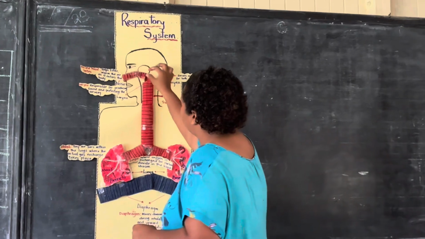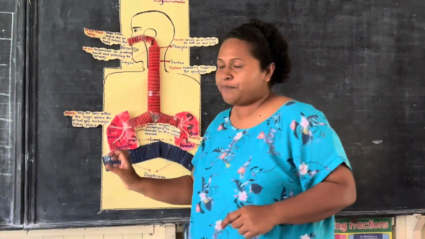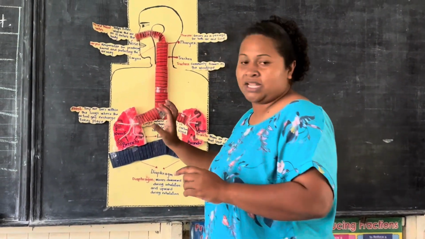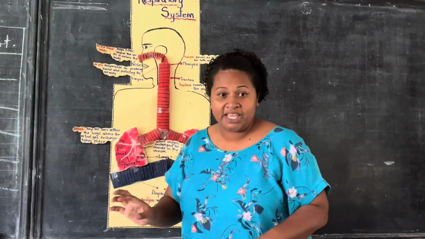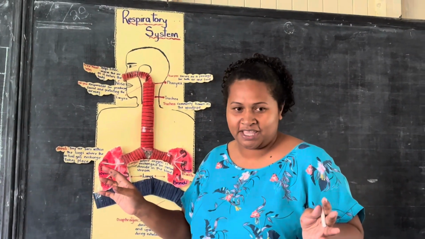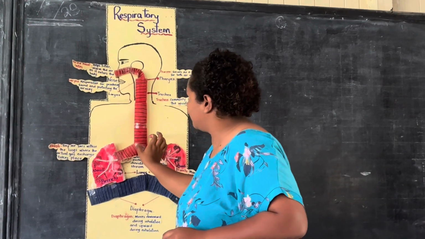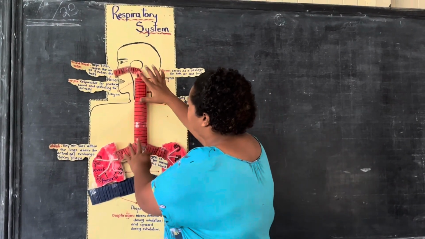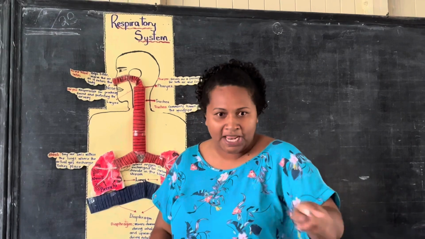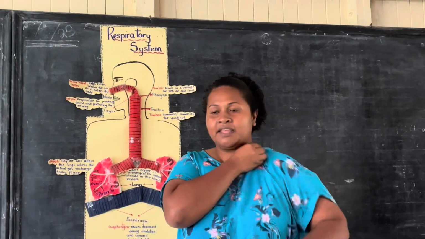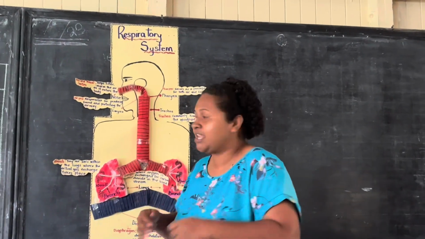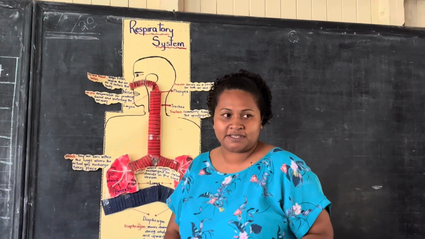It goes through the pipe, and these individual organs in our body have different functions. Look at this pipe, it goes straight down, and all of these pipes have names, like you sitting here, you have a name. Also in our lungs inside, we have names.